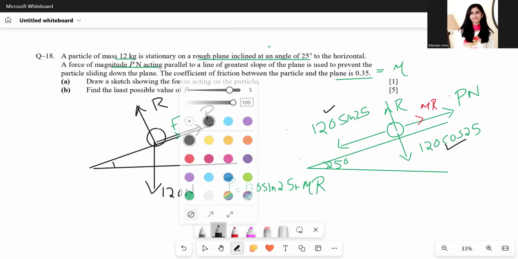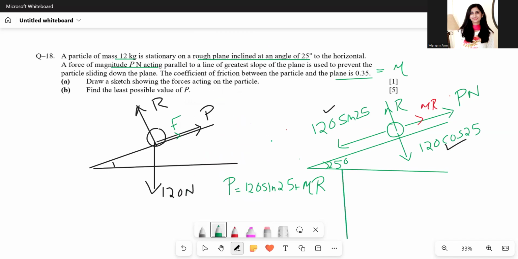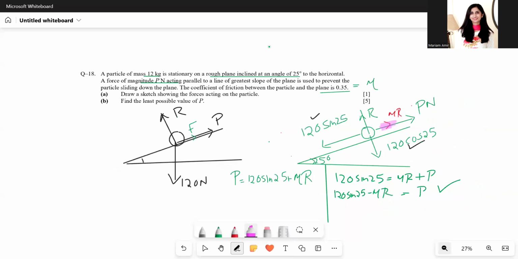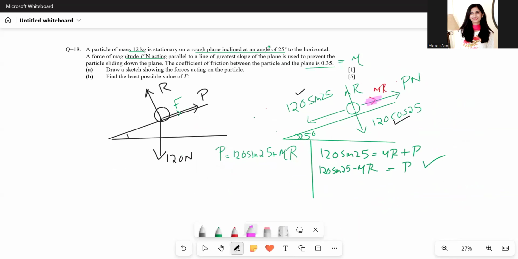Then that would mean that we get the equation 120 sin 25 equals mu R plus P, which means P is equal to 120 sin 25 minus mu R. So we can see that this one will give us a smaller value of P. So let's stick to this working where the friction would be acting upwards. Then the value of P will be smaller as compared to when the friction is acting down the plane.